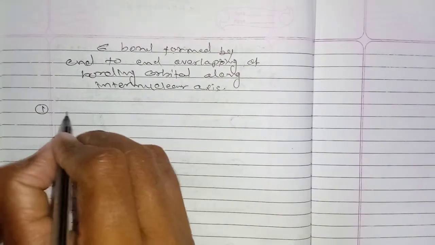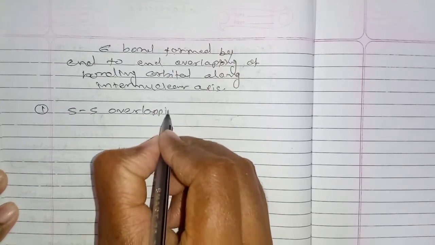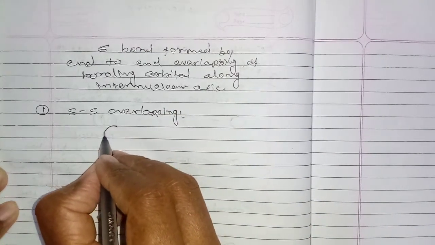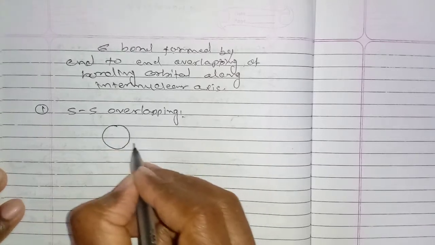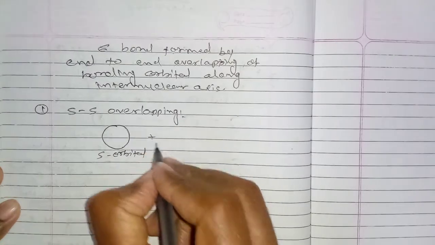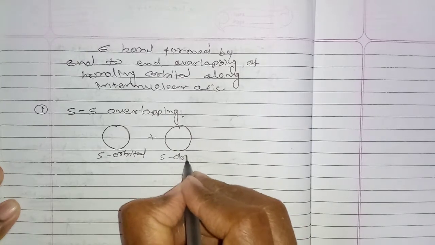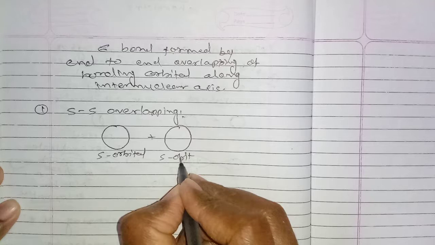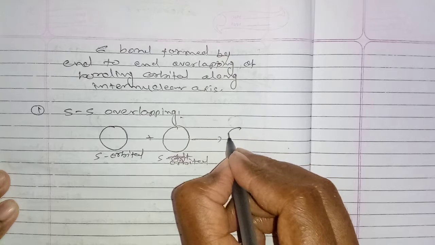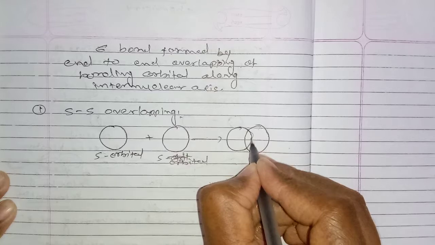First of all, s-s overlapping. The s orbital has a spherical shape, and the second s orbital overlaps with it. Some part overlaps here.